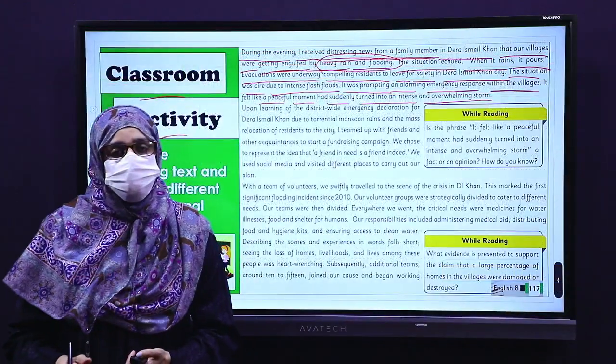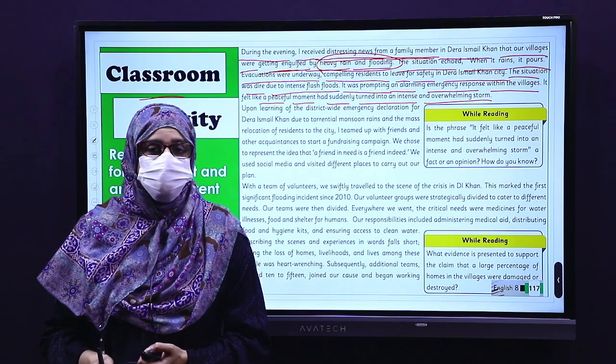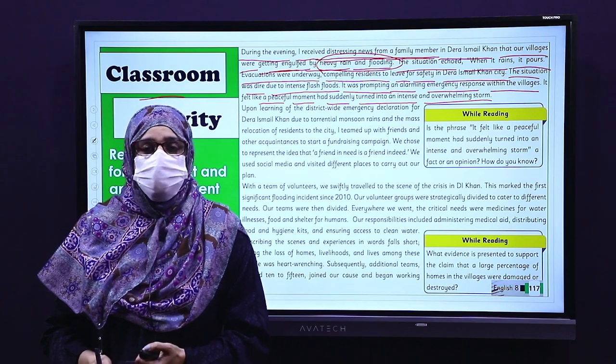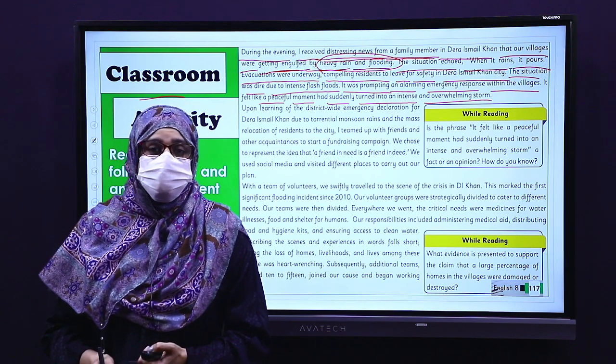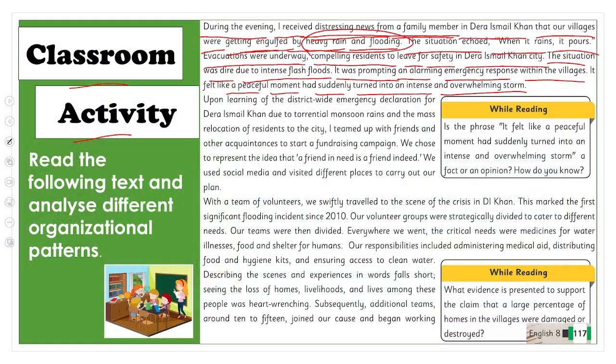So again, we can see the cause and effect organizational pattern being used. What is the cause? Flood. The intense flash flood. And what is the effect? The dire situation because of that flash flood. Upon learning of the district-wide emergency declaration for Dera Ismail Khan due to torrential monsoon rains and the mass relocation of residents to the city, I teamed up with friends and other acquaintances to start a fundraising campaign.